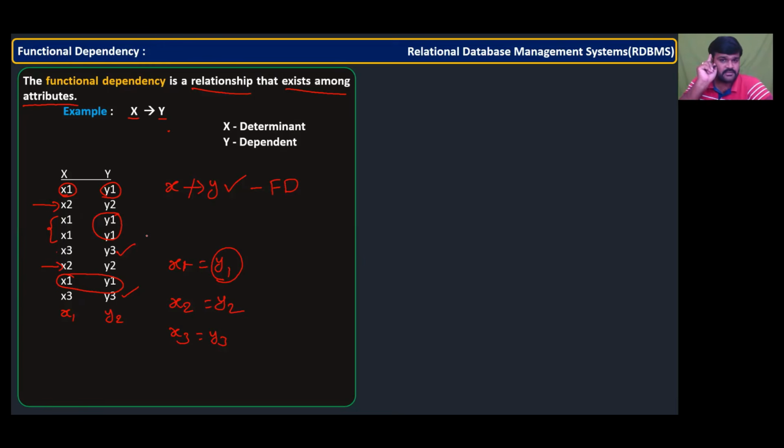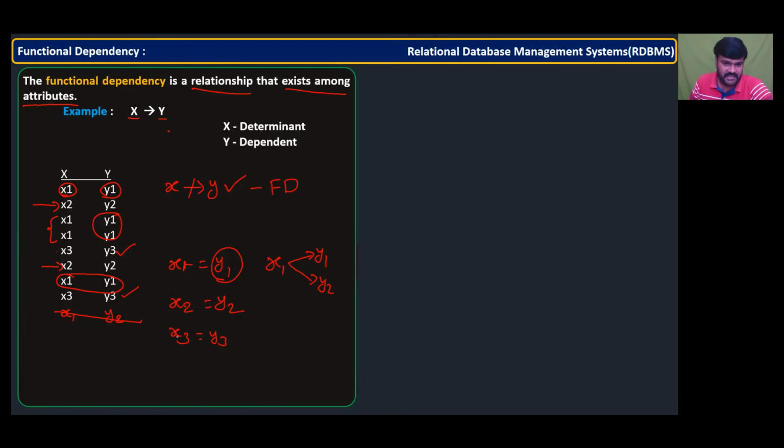If at least one value is deriving different values, then overall X1 is deriving Y1 in some places and Y2 in others. So it is not valid. It is not an FD because Y is not dependent on X. If this does not happen, then it is fine: X is deriving Y.